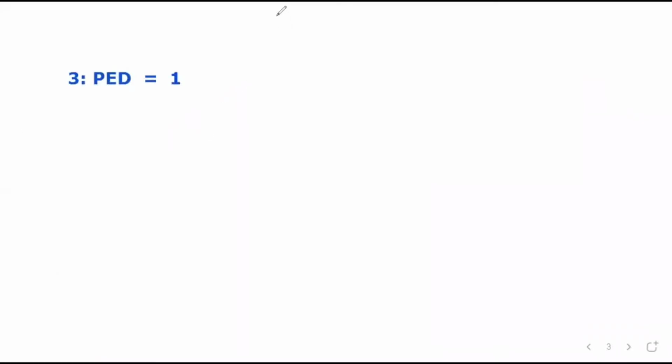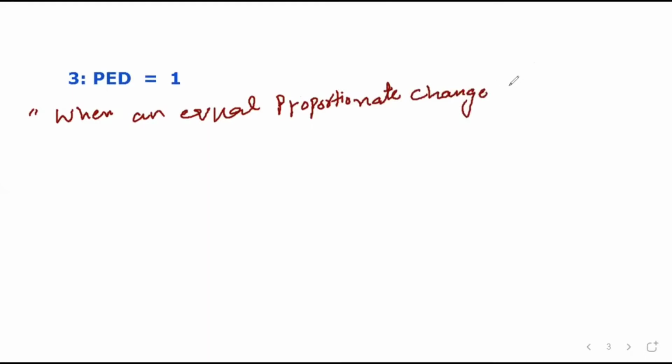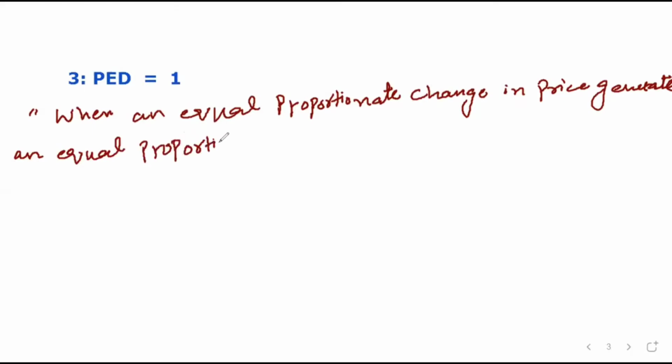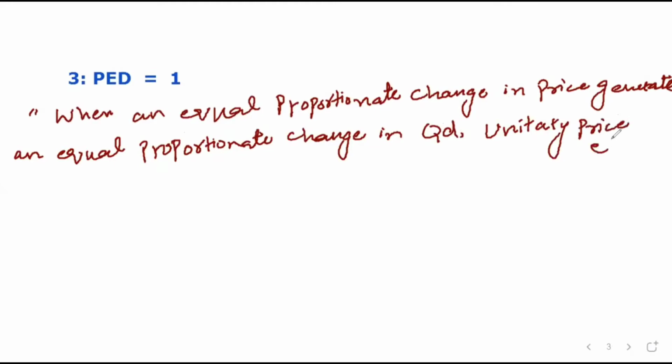PED equal to 1 means when an equal proportionate change in price generates an equal proportionate change in quantity demanded, it is called unitary price elastic demand. So we can write PED is equal to 1.